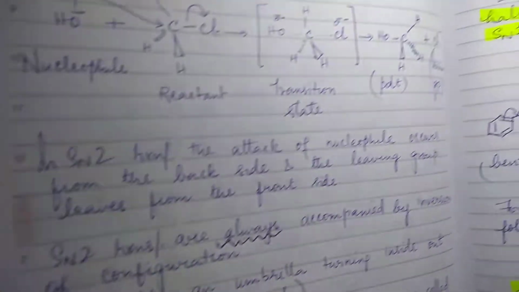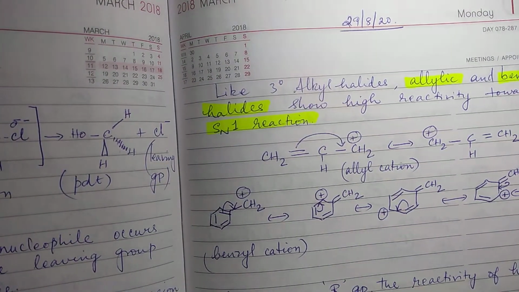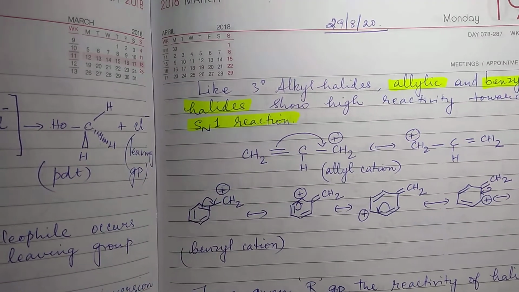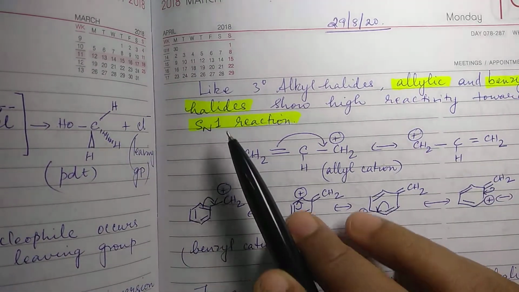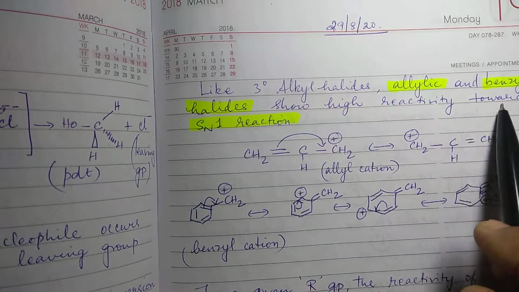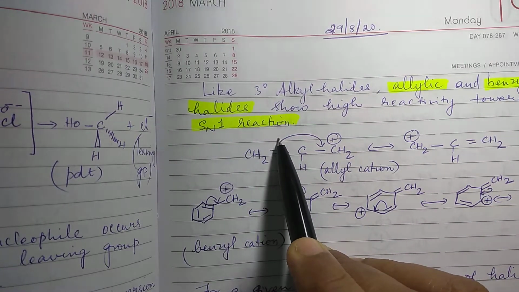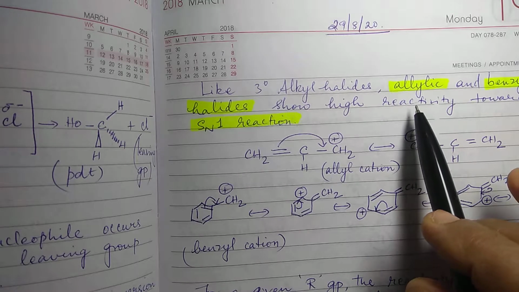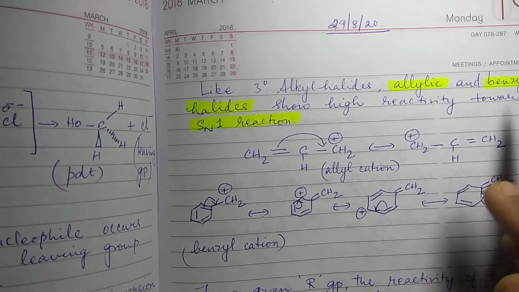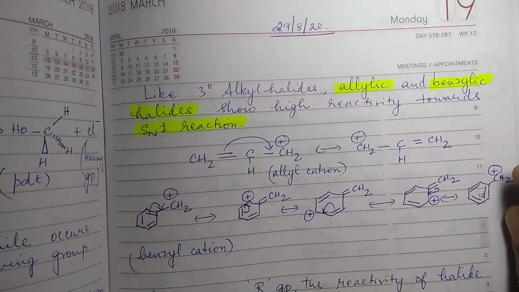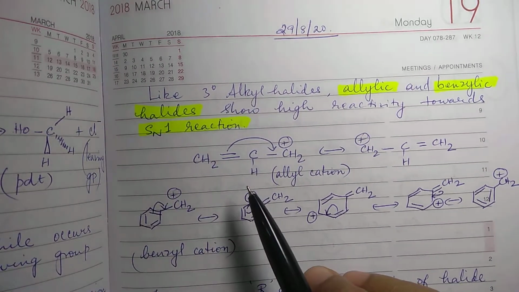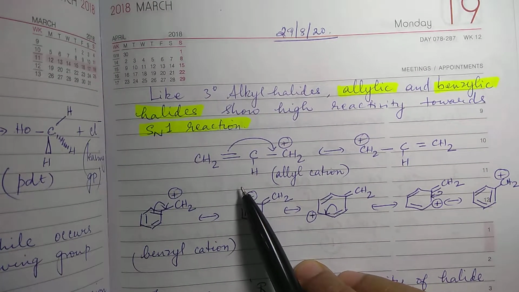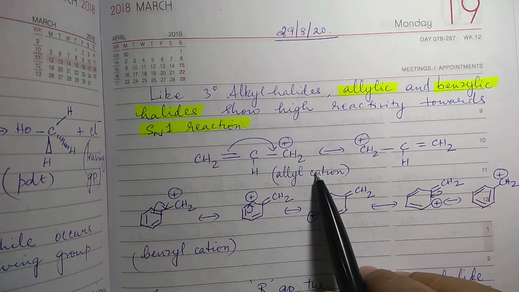Now, like tertiary halides, allylic and benzylic halides also show high reactivity towards SN1 reaction. Why? Because allylic cation is more stable by resonance. Same way, benzylic cation is also more stable by resonance. Here I have shown you how an allylic cation is produced.